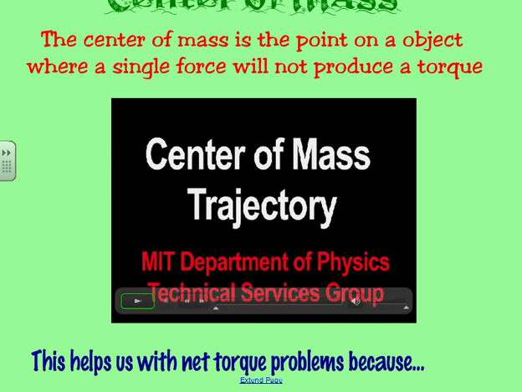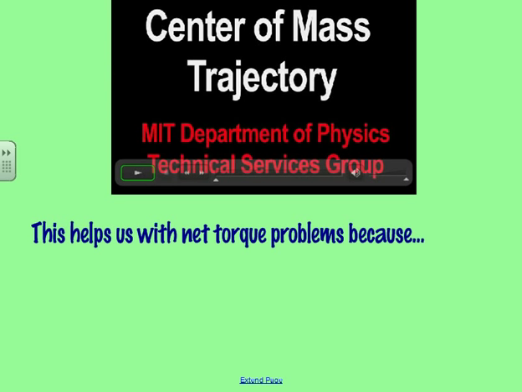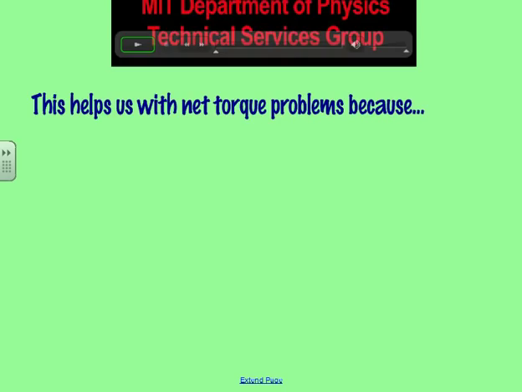Well, how does this deal with the problems we've been working on, these net torque problems? This relates to these net torque problems because the force of gravity on an object is exerted at the center of mass.